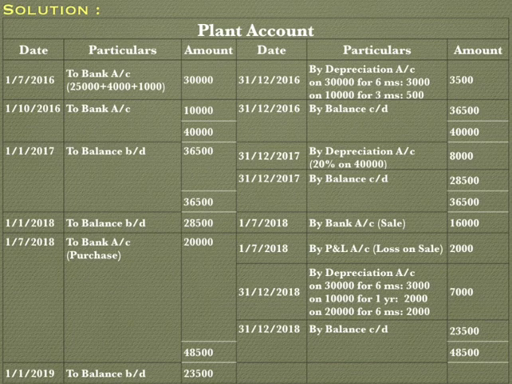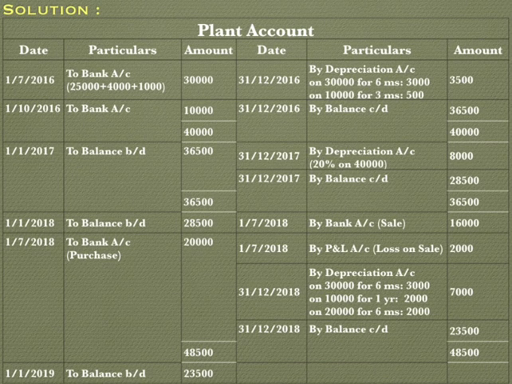Before closing this account we have to provide depreciation for this year. So at the end of the year, that is on 31st December 2017, we will provide depreciation. Depreciation will be provided on the original cost of our asset, that is 40,000. So 20% is our rate of depreciation given in our problem. So we will provide depreciation on 40,000 rupees at the rate of 20%, which comes to rupees 8,000.